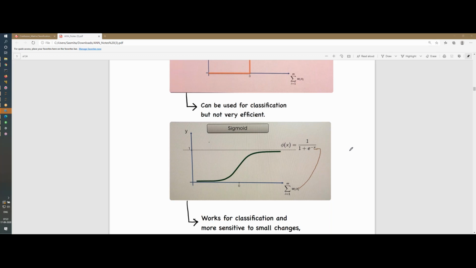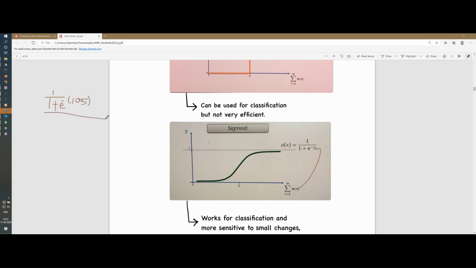So whatever I'm getting, let's say I got 1005, then it is 1 by 1 plus e to the power of minus x, where x is 1005. If I apply that, whatever I get is my sigmoid. You go and check.